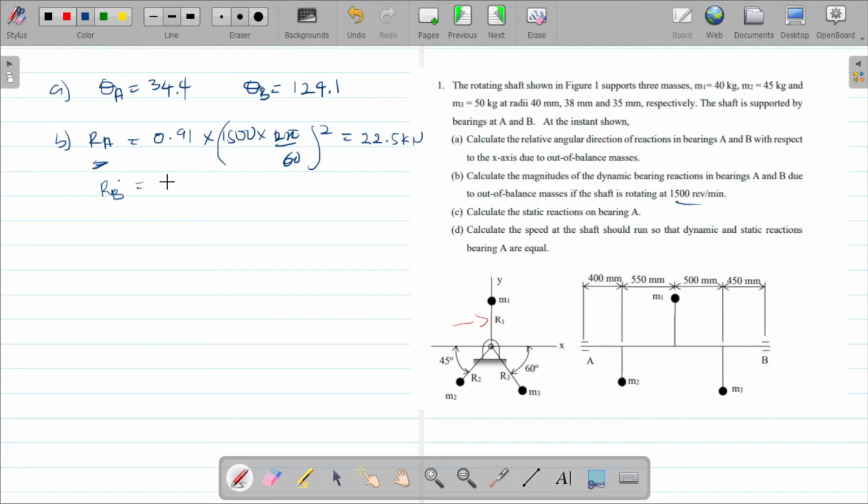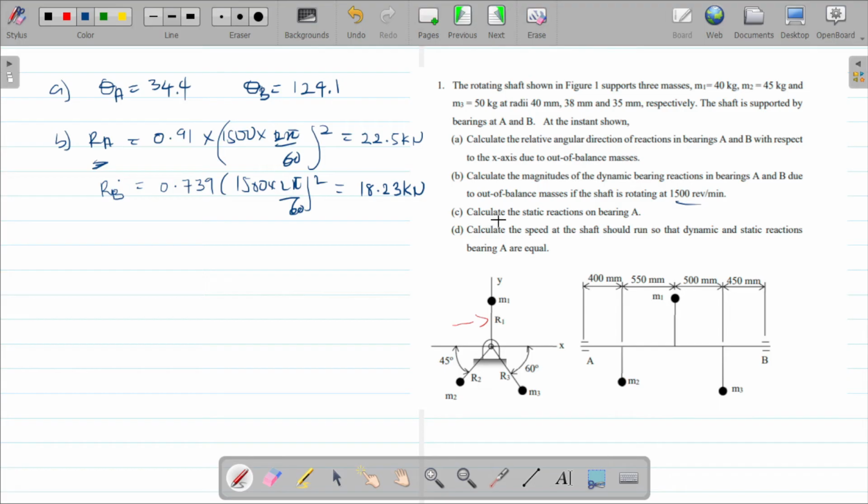RB will be, so we have 0.7 and 1500 times 2 pi on 60, squared, which gives 18.2 kilonewton.